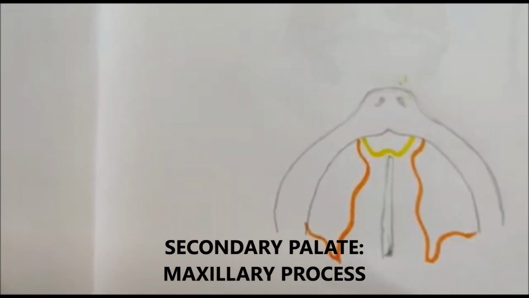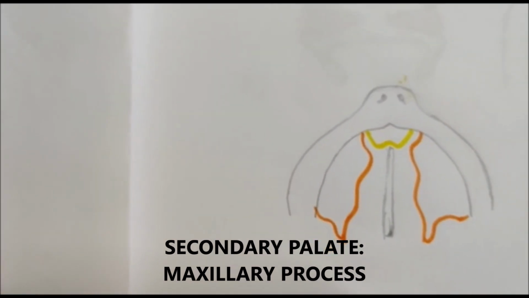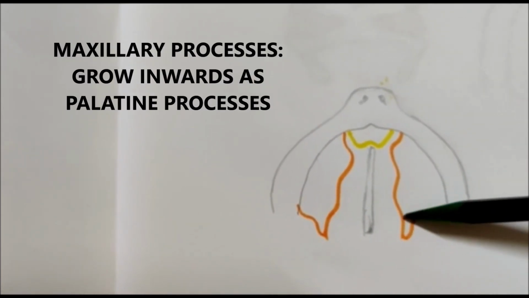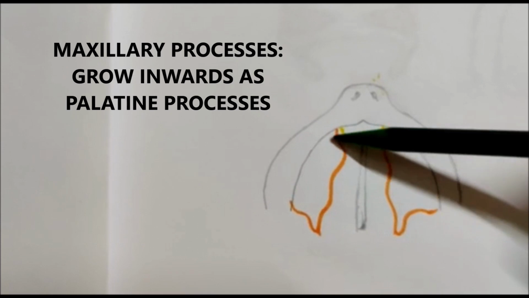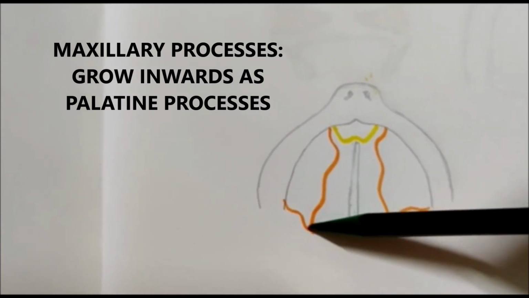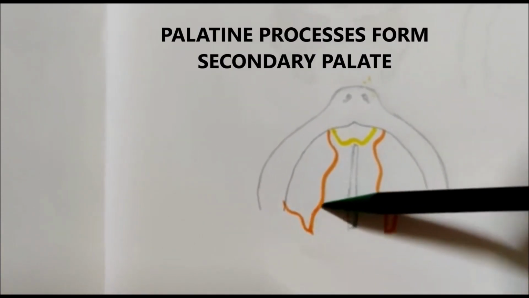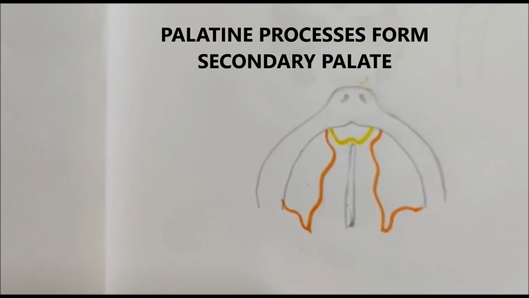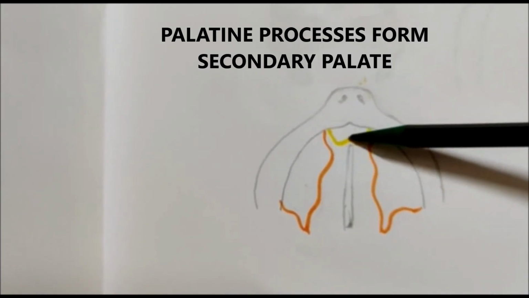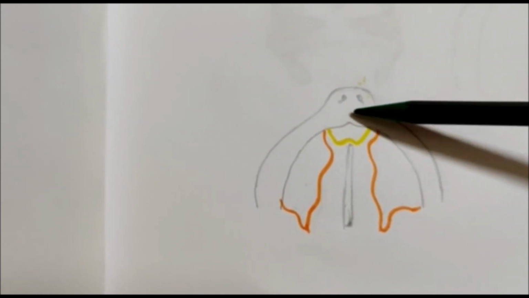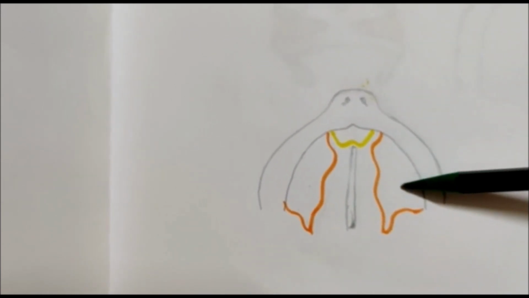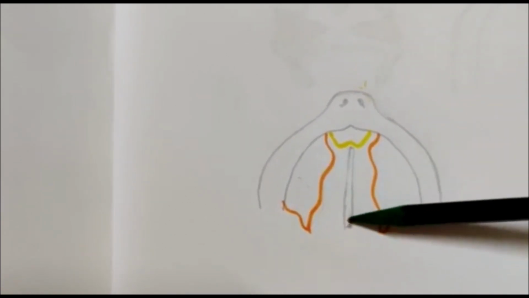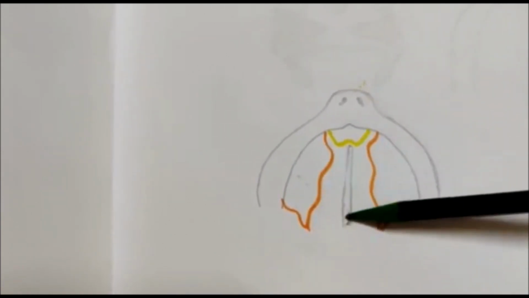Early in the 6th week, the maxillary process also starts developing internally in the form of two processes, which are called the palatine processes, and this will lead to the formation of the secondary palate. So here we have the primary palate, which has developed from the frontonasal process, and the secondary palate, which has developed from the maxillary process, and this is the developing nasal septum.